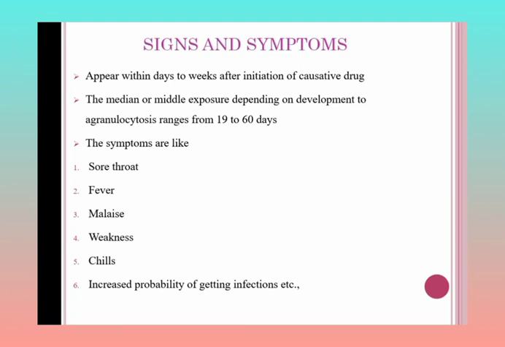It ranges from about 19 to 60 days, meaning within 1 to 2 months. 19 days is not completely one month, but if we take it as one month, then within 1 to 2 months the symptoms will be exposed. The symptoms include sore throat, fever, malaise, weakness, chills, and an increased probability of getting infections.